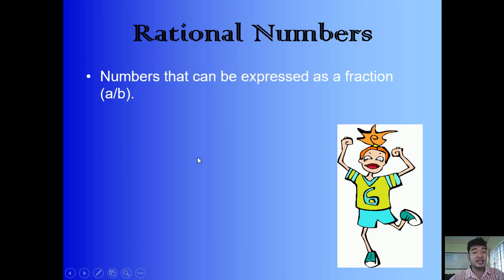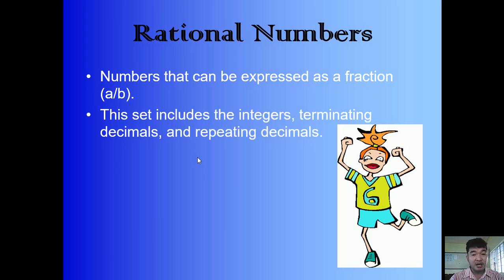And then we have the rational numbers. Rational numbers are numbers that can be expressed as a fraction. Lahat ng pwedeng i-express as a fraction, ang tawag natin doon ay rational numbers. Examples ng rational numbers are the integers. Lahat ng integers, rational numbers yan. Ibig sabihin, whole numbers, natural numbers, lahat yon ay rational numbers because all those can be expressed in a fraction.